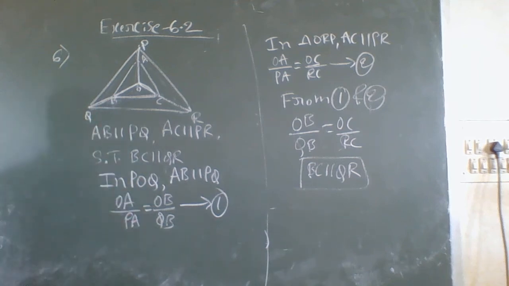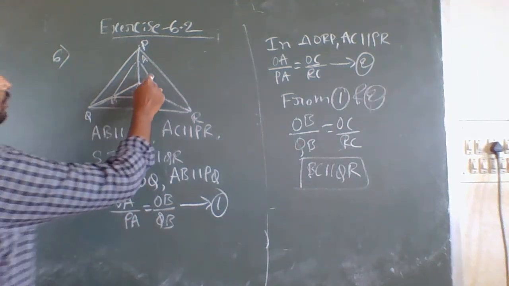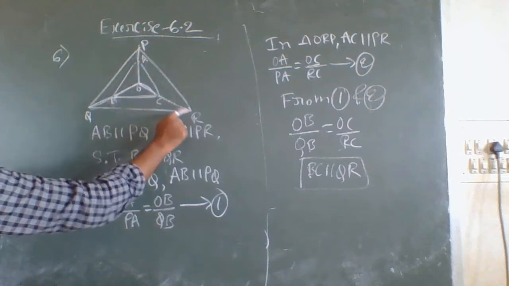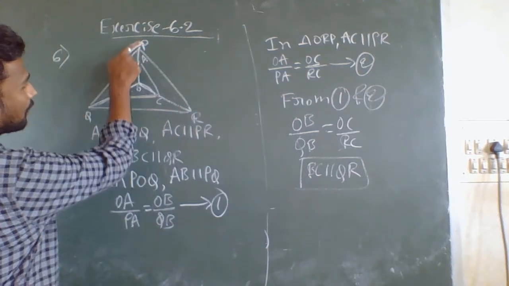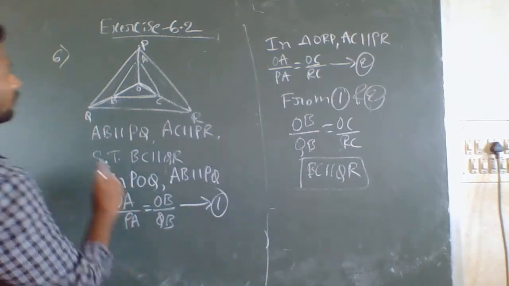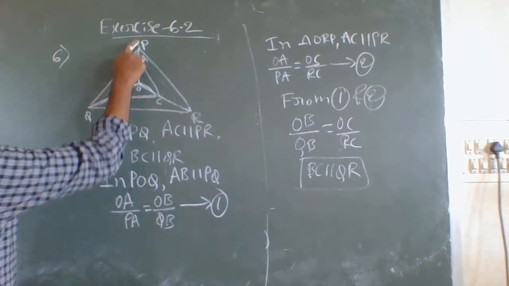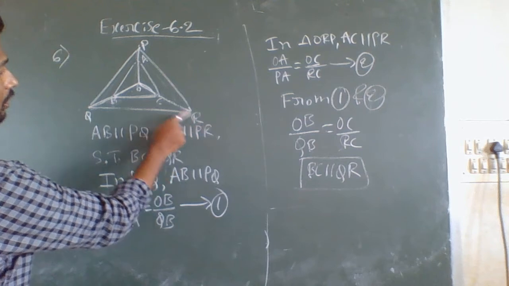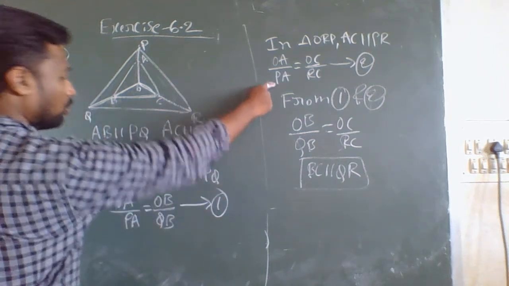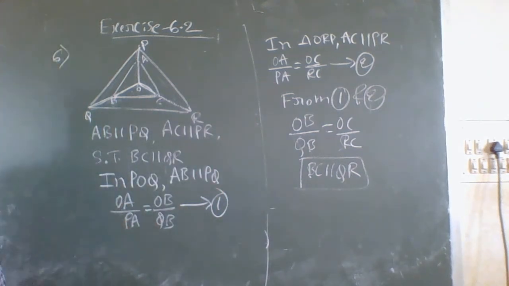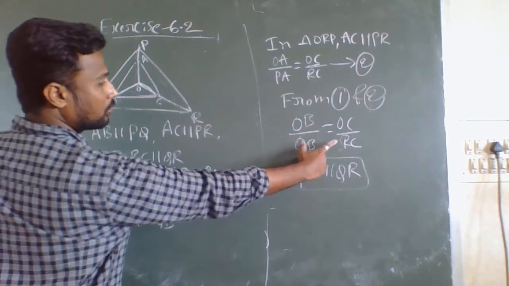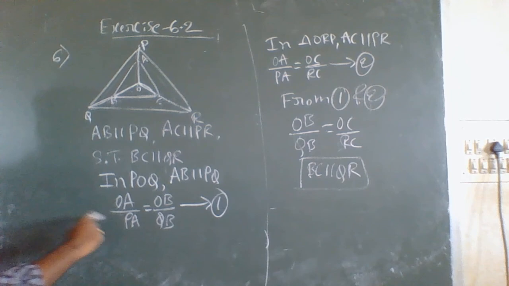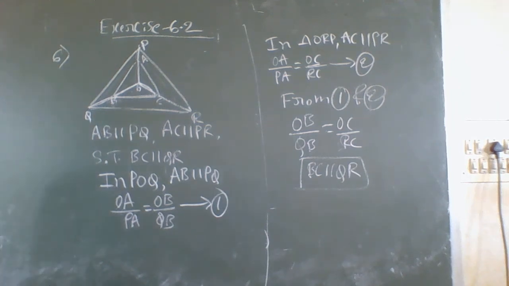This is the first one. Like this only, I will consider triangle ORP. Here AC is parallel to PR, and again we can write OA by PA is equal to OC by RC. This is the second. In both cases, OA by PA is there. Therefore, we can write OB by QB is equal to OC by RC, because these two are equal to OA by PA, first and second.